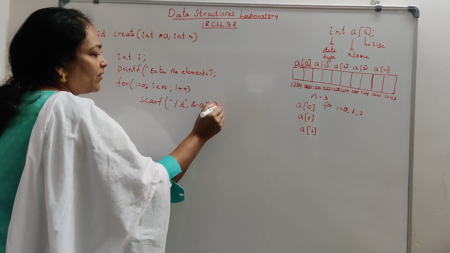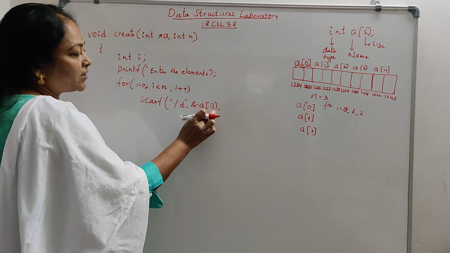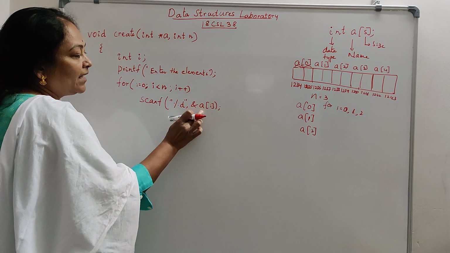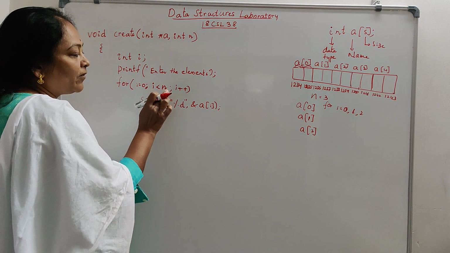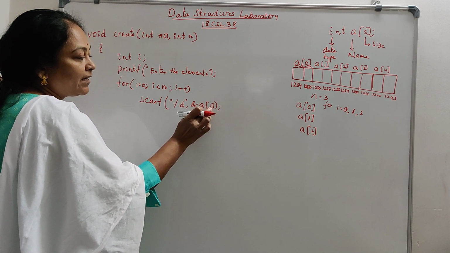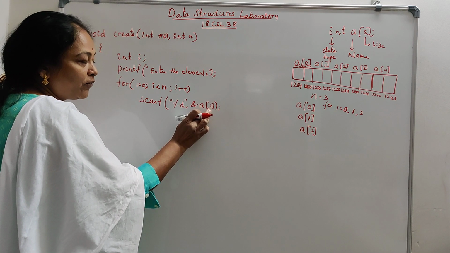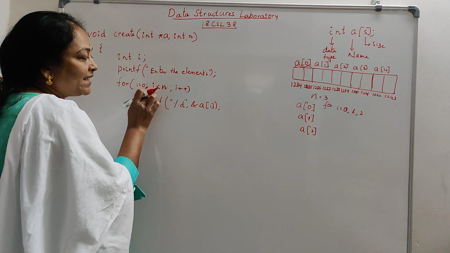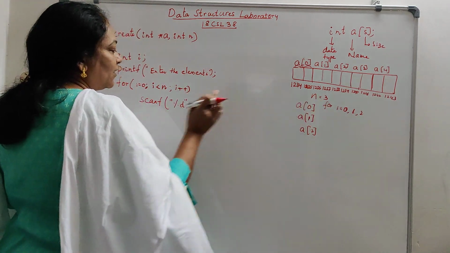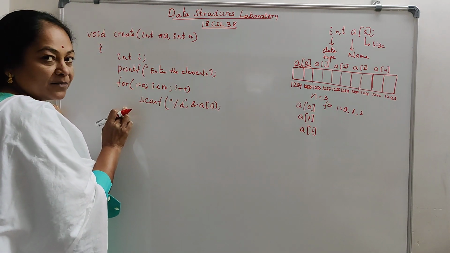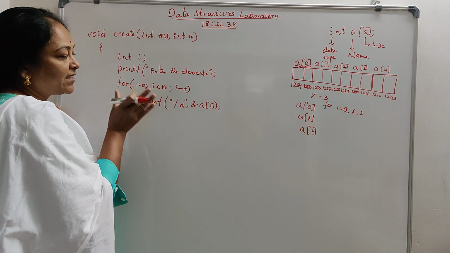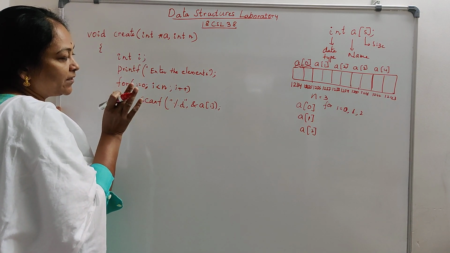So when i is equal to 0, A of 0 will be read. When i is equal to 1, A of 1 will be read. And when i is equal to 2, A of 2 will be read. When i becomes 3, 3 is less than 3 is false, so it comes out of the loop. So the first three elements will be read from here.